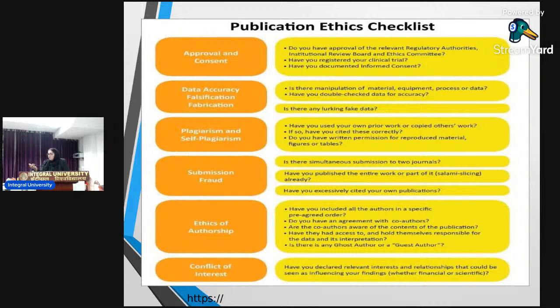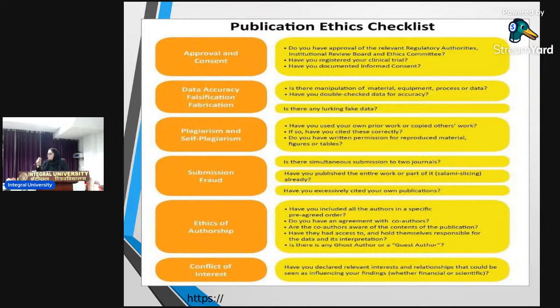So you have to make sure that your findings are objective enough. This relationship should not affect the result. So for example, you're not getting a good efficacy, but because of that personal relationship, you are reporting findings which are favorable to the other person, that will be considered as a conflict of interest.